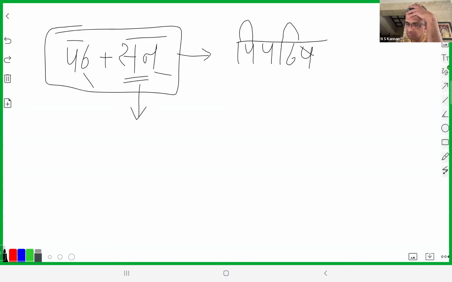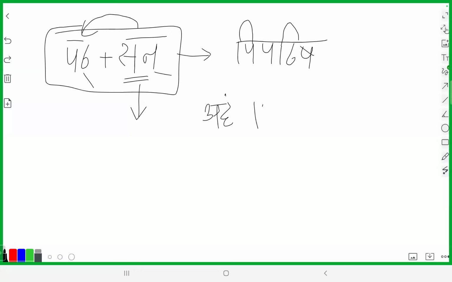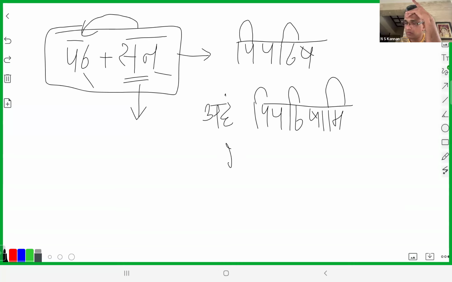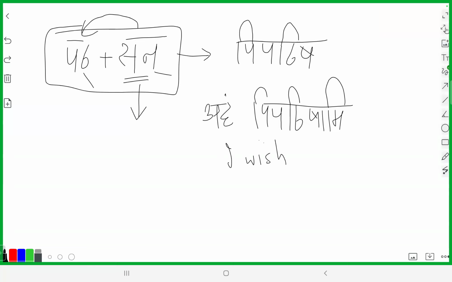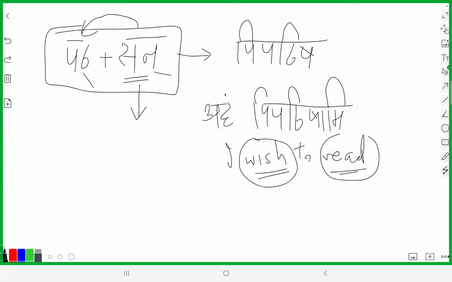You add the san pratyaya in the meaning of wishing to do this action. So aham pipathishami will mean I wish to read. In English, you have used two verbs. You say I wish, and I wish to read, right?